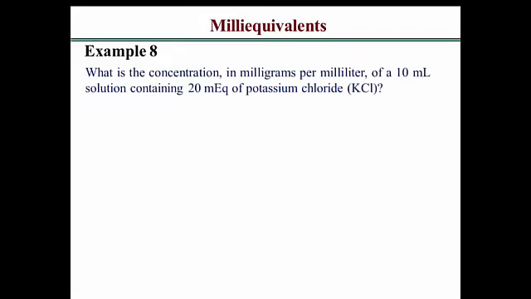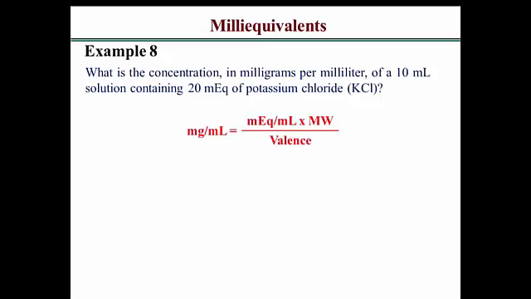Now this example is one of those where you want to determine the concentration in milligrams per milliliter. It's saying, what is the concentration in milligrams per milliliter of a 10 ml solution containing 20 milliequivalents of potassium chloride? That's where we use the last equation that I showed you on the very first slide.